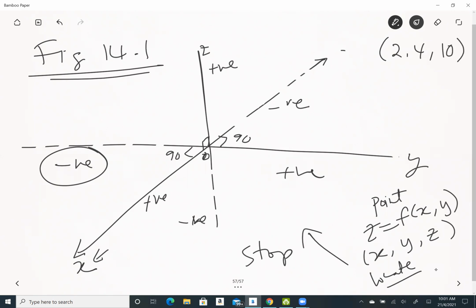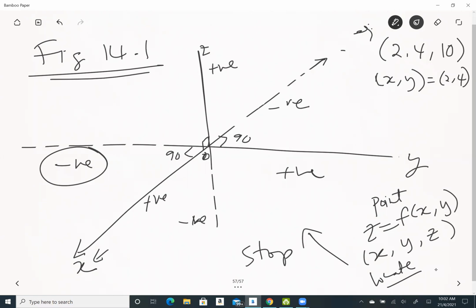Now, firstly, when you want to locate a point, you consider only the x and y. That is 2 and 4, because the x and y are the independent variables. So you look at the point in terms of x and y. That one we know already from last topic. So example here, if I have 2, 4, so we make a scale for the x and y and everything.